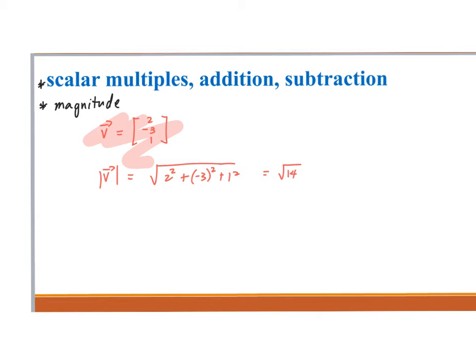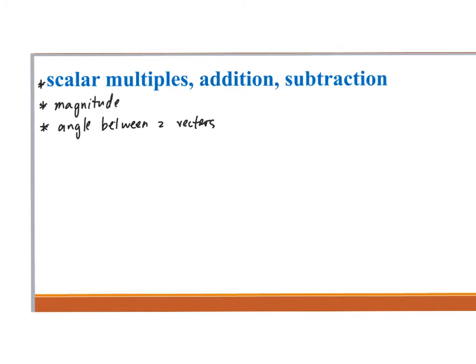Finding the angle between two vectors is also similar. So let's say that we have vector v whose components are 1, 3, negative 2, and we have vector w with components 0, negative 4, 1.